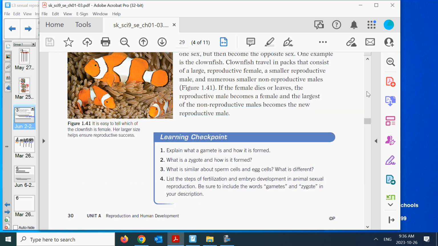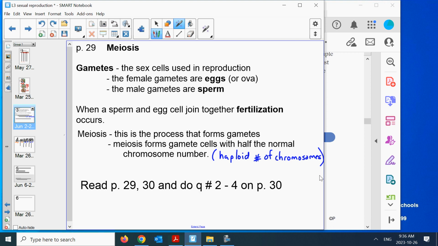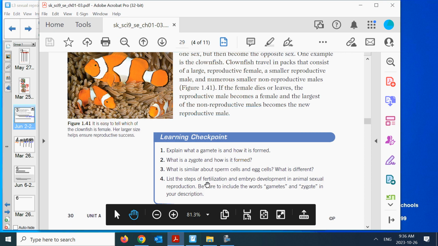Now, plants also... We're not going to get into this right now. I'm going to flip back to our assignment. We've read this and read page 29 through 30. Check. We've done that. Do questions 2 through 4 on page 30. So I'm going to just point out 2 through 4.